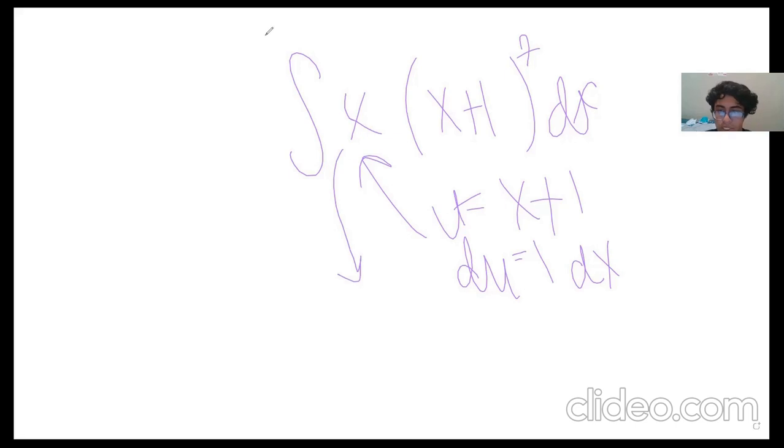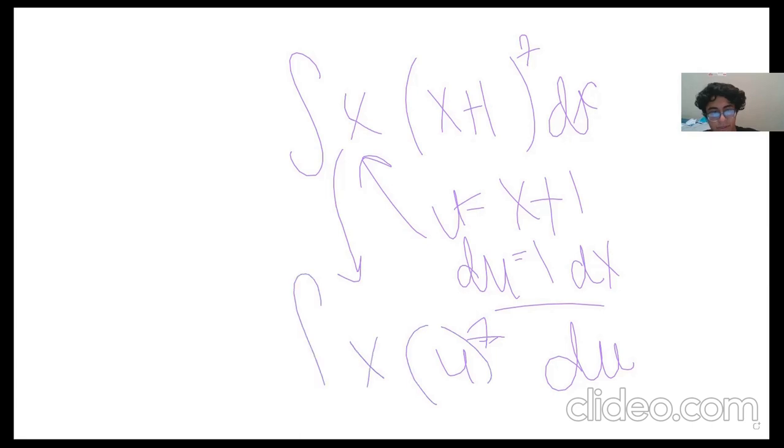Okay, I can't change the differential. I mean, I can do this, sure, but you have an x left over, and then you're like, well, this is not going to work because I can't integrate with these two variables yet.